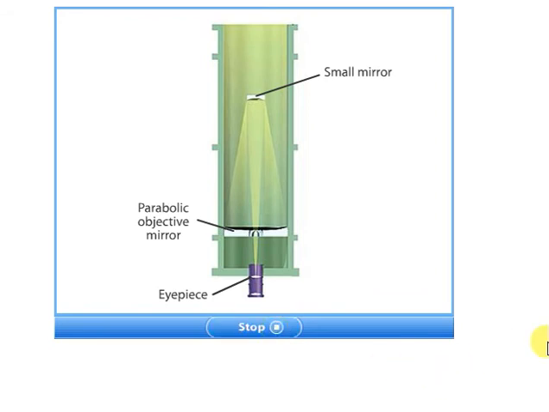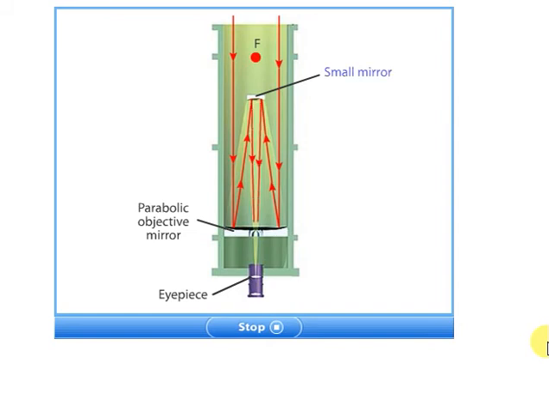A reflecting telescope works by gathering light using a concave mirror and then directing that light through the eyepiece. Parallel light rays pass down the barrel of the telescope and are reflected by the parabolic objective mirror at the telescope's base. These rays converge toward the objective mirror's focal point, F, where a real image would normally form.